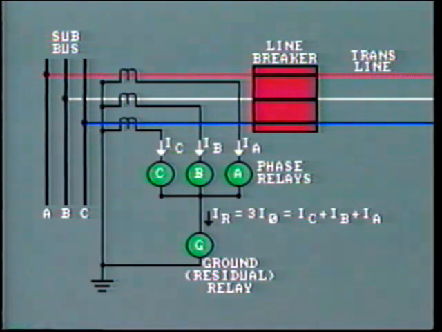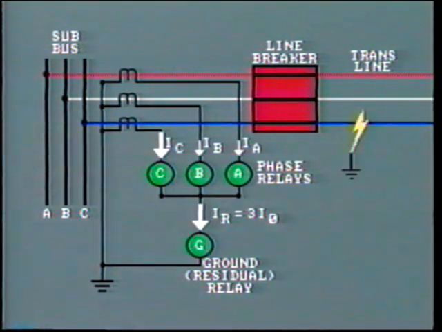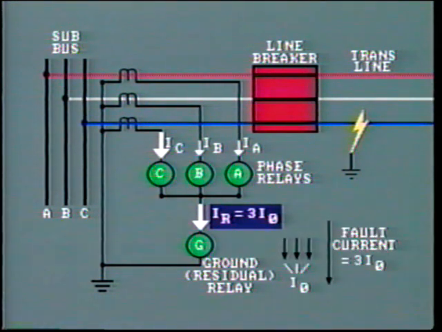Normally, it is very close to zero, but when a line-to-ground fault occurs, this current becomes very large. You will often see the residual current expressed as 3I0.